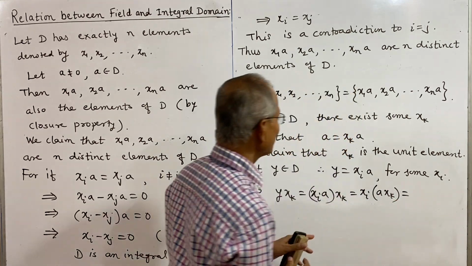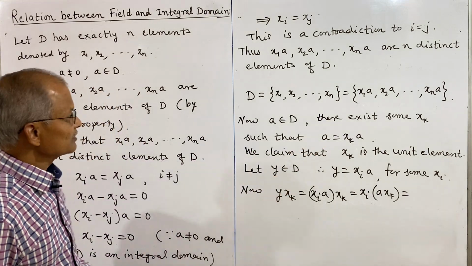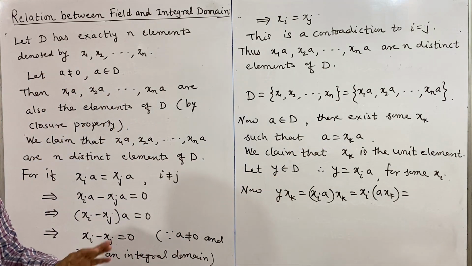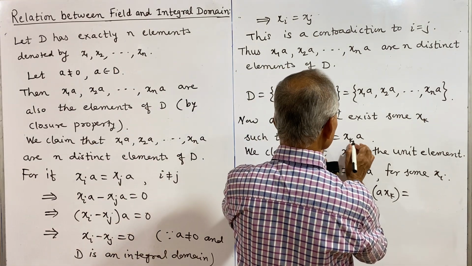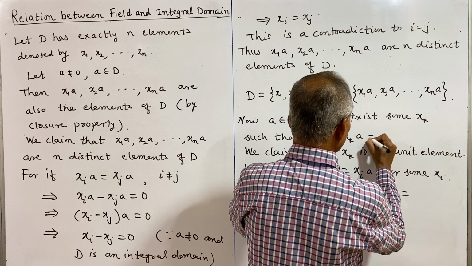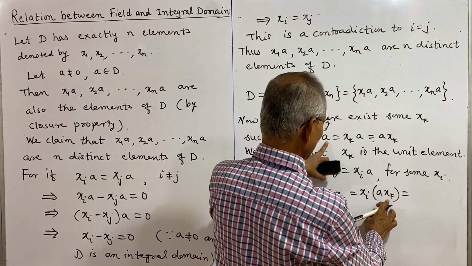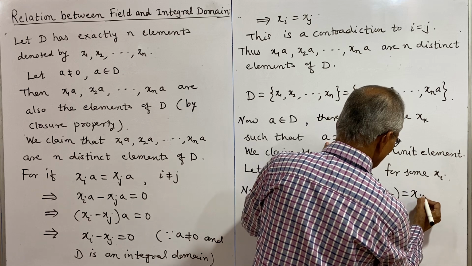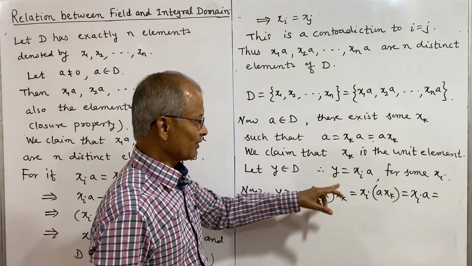And what is A into xk? Because this is commutative, this is an integral domain, and an integral domain is a commutative ring, therefore we can have A into xk is the same as xk into A. So A into xk is A. So this is xi, and what is xi into A? That is y.